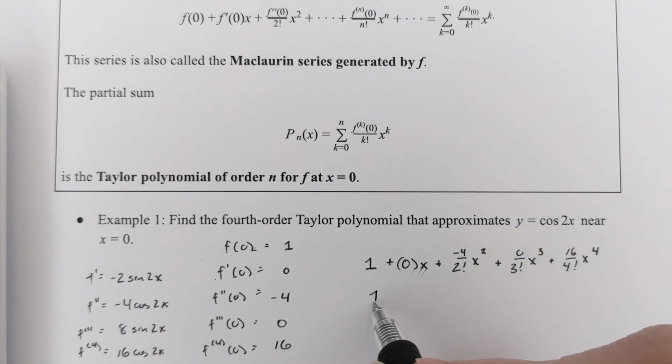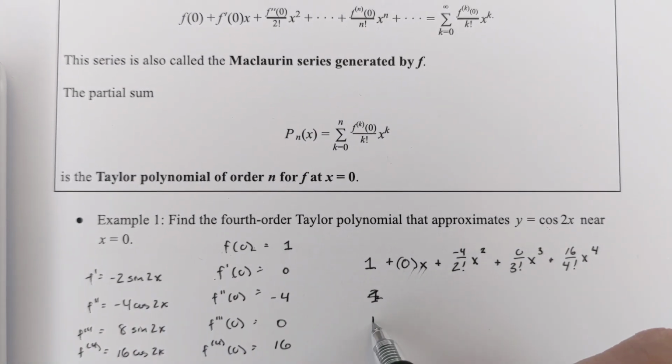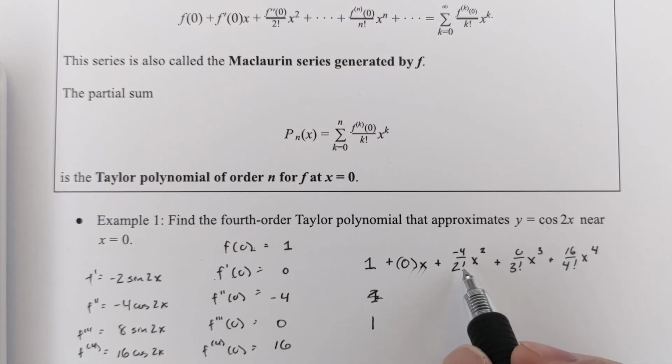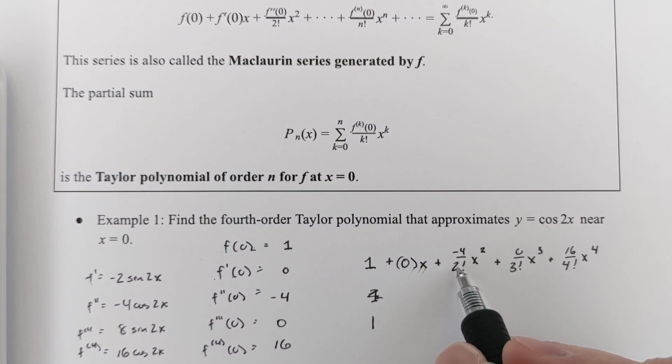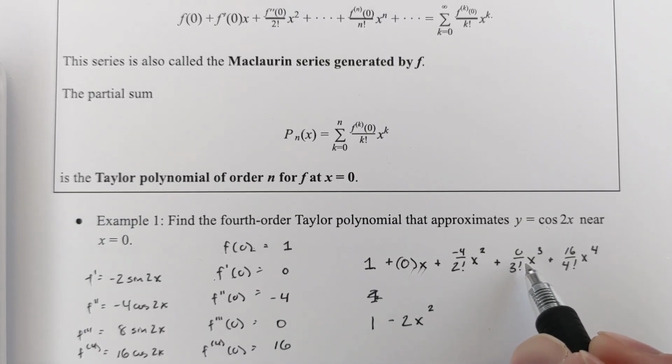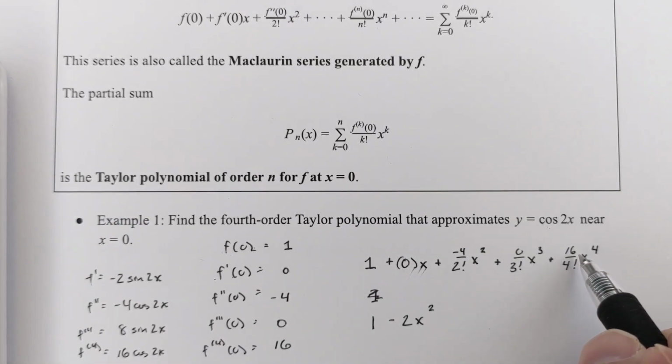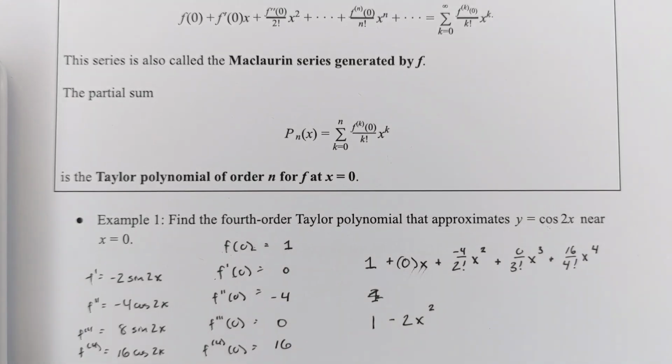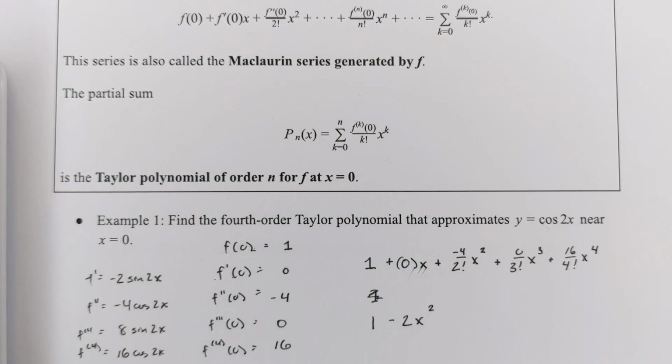So this is going to be 1, that term goes away. Negative 4 divided by 2 factorial is negative 2. That's 0 again. This 16 over 4 factorial, so 4 factorial is 24, so 16 over 24 reduces to 2/3, so plus 2/3 x to the fourth.